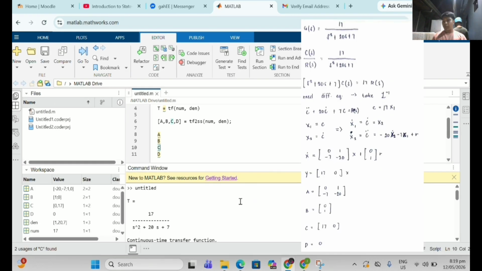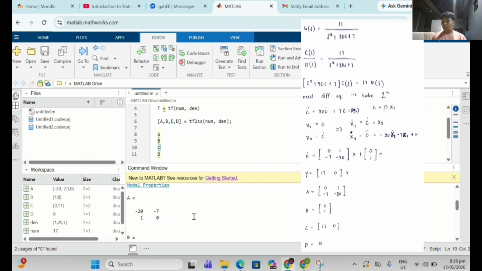As we can see in MATLAB and in our solution, the transfer function is correct. G(s) is equal to 17 over s squared plus 20s plus 7. As we can see, the A of our MATLAB and the A of our solution are not the same.